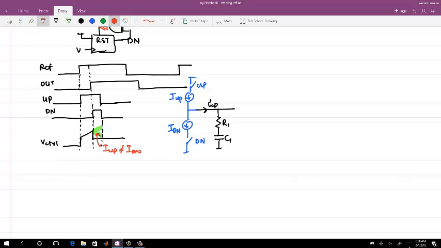Now, previously when we had only a single capacitor, we had a smooth ramp from 0 like this, right? Now we started having jumps, which is an additional effect.